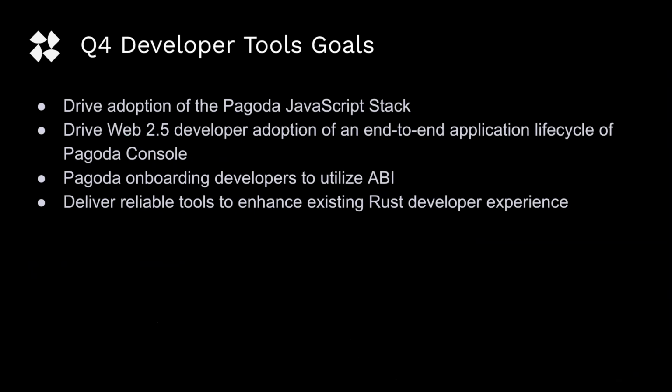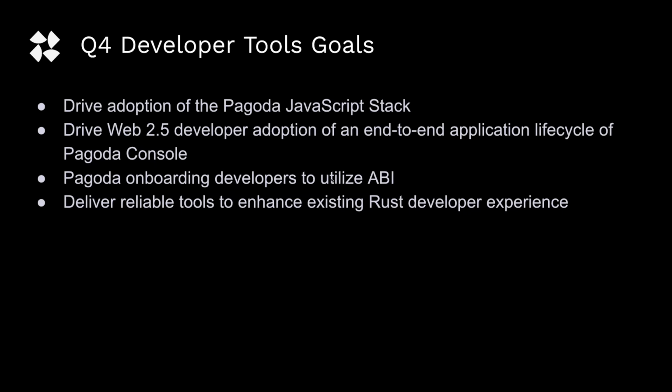So we are working on driving the adoption of the Pagoda JavaScript Stack. The JavaScript Stack was launched earlier this year at ETH Toronto, and we're making a number of changes. We see smart contracts deployed on testnet and some on the mainnet. So our goal here is to add the features that are needed by the community to the JavaScript stack and make sure that this stack becomes more mature over time, and we can bring JavaScript developers into our ecosystem.